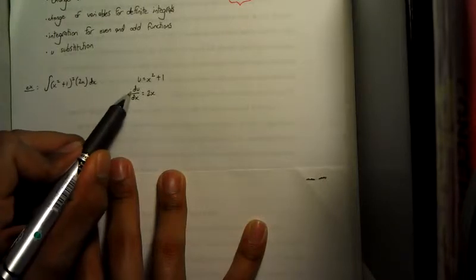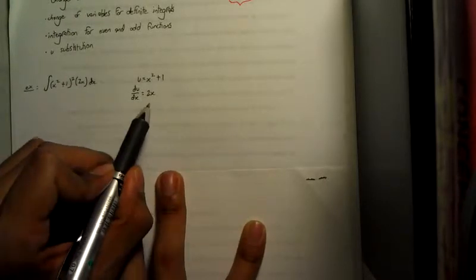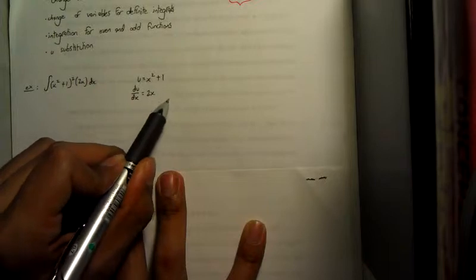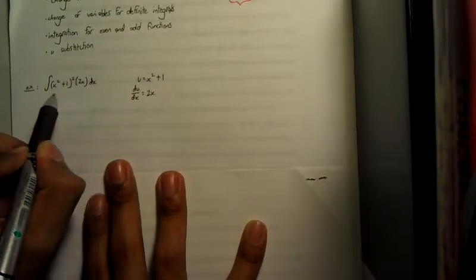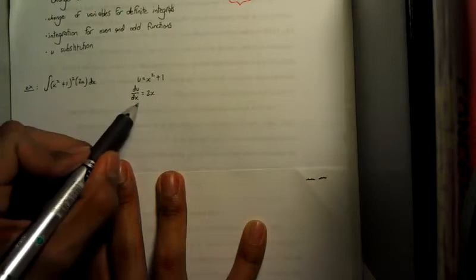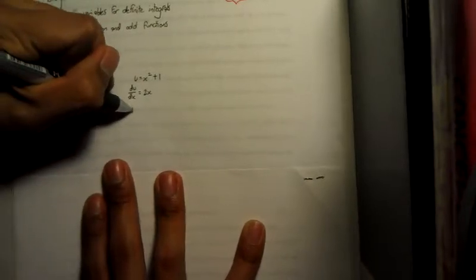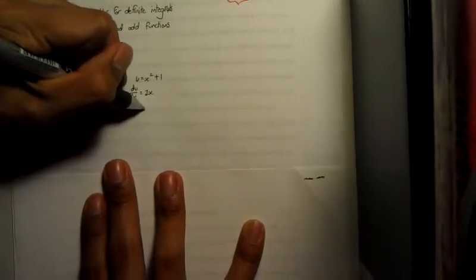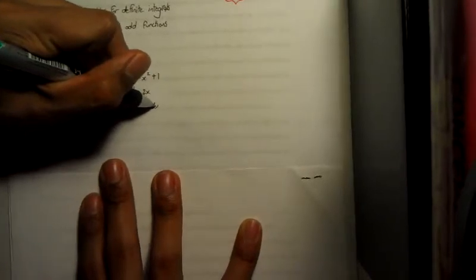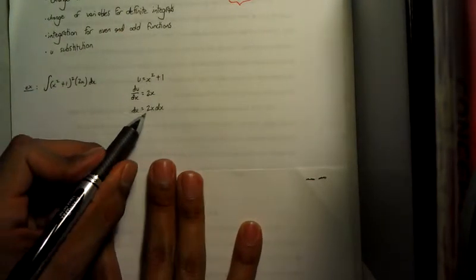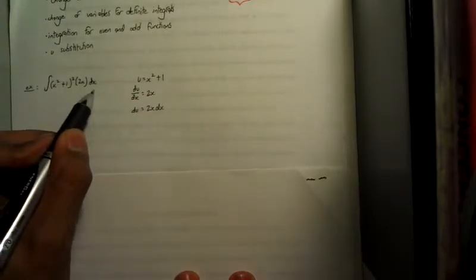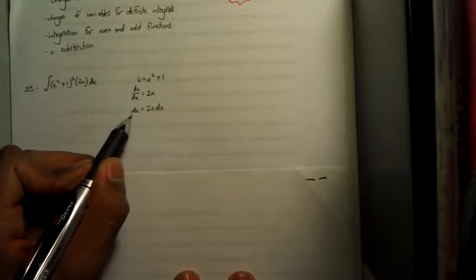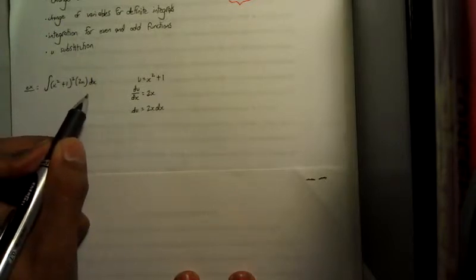Essentially what you're looking to do is get something on the right side of this equation that can match up with something inside your original function. So if we multiply both sides by dx, we get du equals 2x dx. So we have a 2x dx in our original equation. So now we can substitute in this du for this whole part right here.